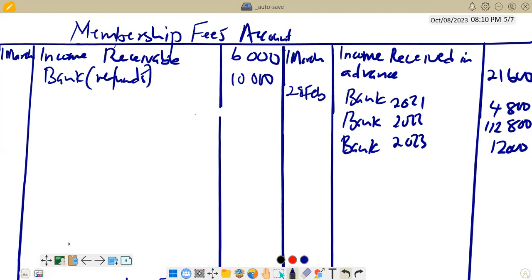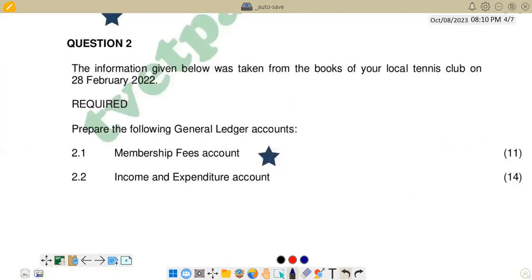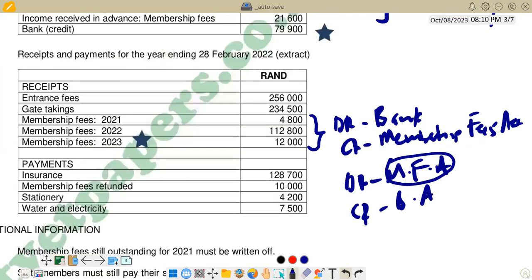Then we try to go back again to see what we can do with other information that is affecting this membership fees account. We go to the additional information that we are given and try to see what type of information can affect this membership fees account.